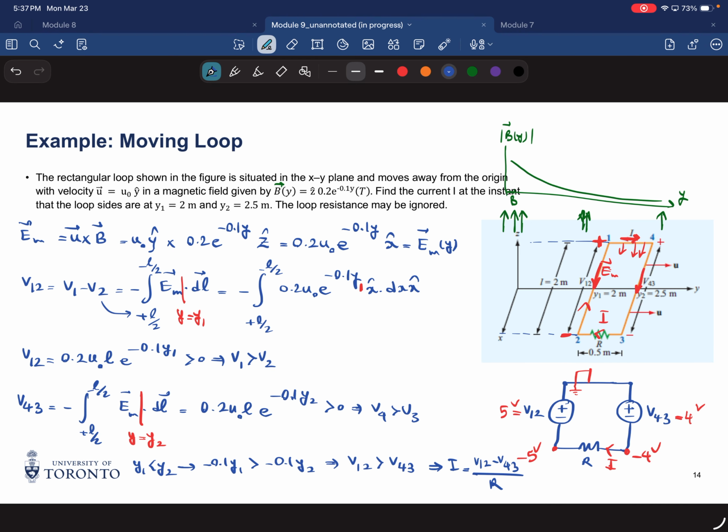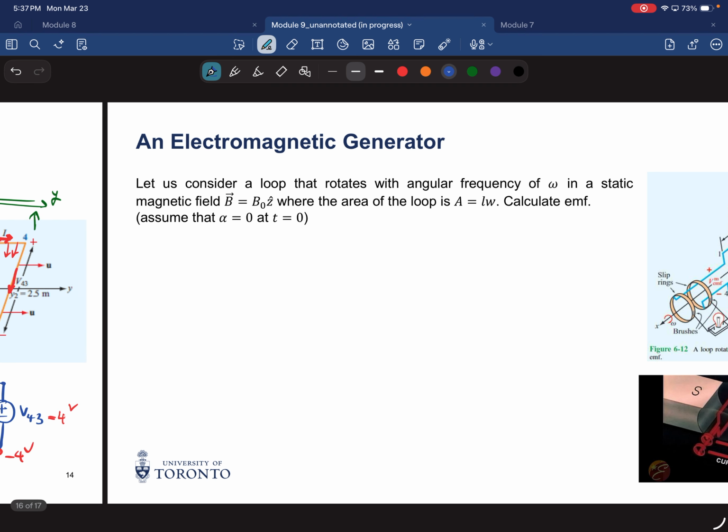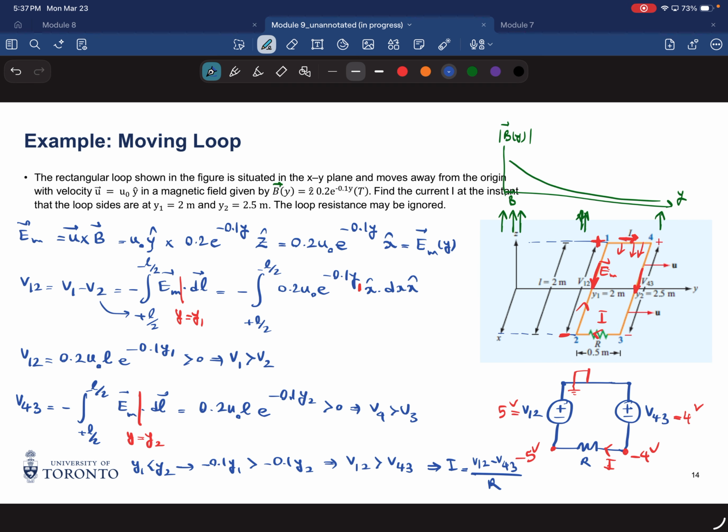Right? Okay. Are we good with the motion of the rod in the magnetic field? This is kind of the last example on that.